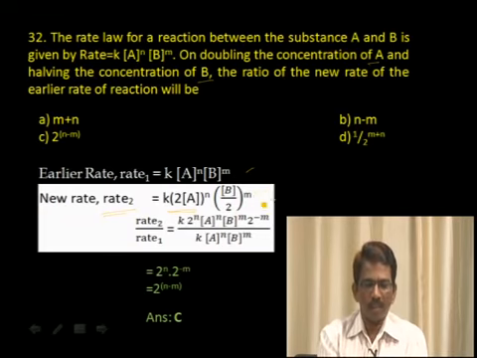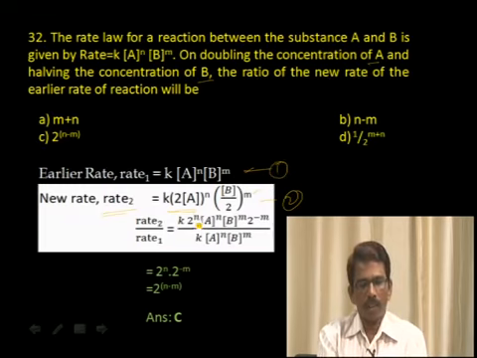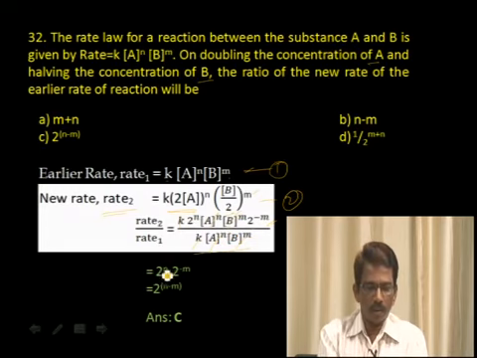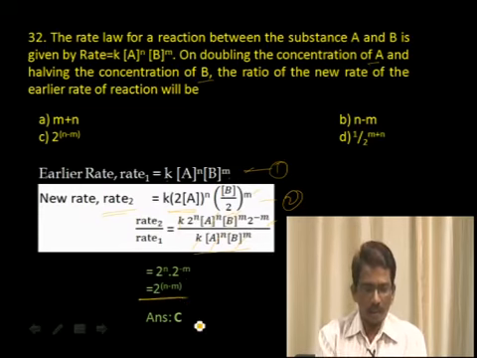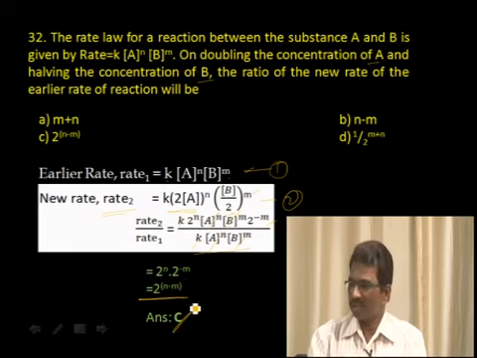If I divide the second equation by the first equation, you get R2/R1 = k 2^n [A]^n [B]^m, where the 2^m comes to the denominator, therefore it is 2^(−m), divided by k[A]^n[B]^m. When you cancel k[A]^n[B]^m, you are left with 2^n and 2^(−m), therefore it is 2^(n−m). The correct answer is option C.